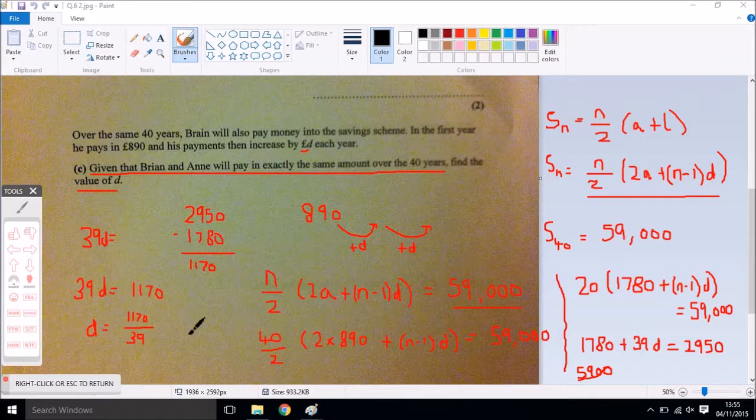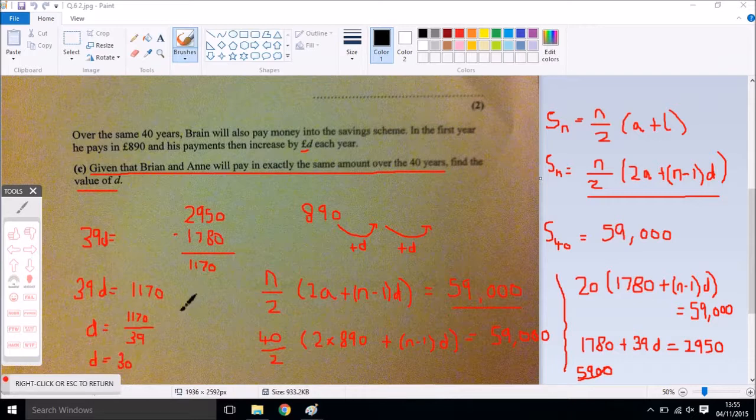Go up in your 39s, obviously 10 lots will be 390, 20 lots is going to be double that. So you just keep building it up until you get as close to 1170. But what you notice when you work this out is d is going to equal 30.